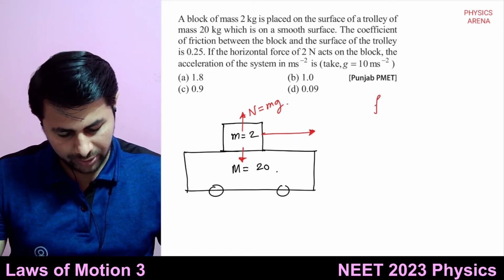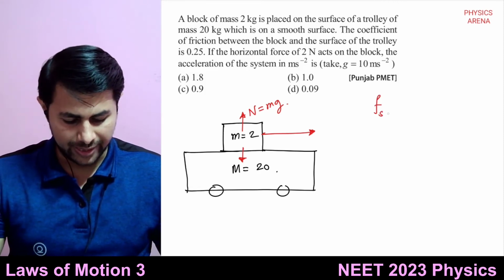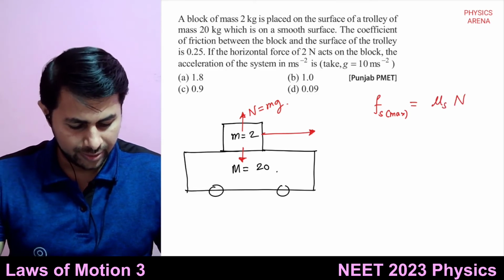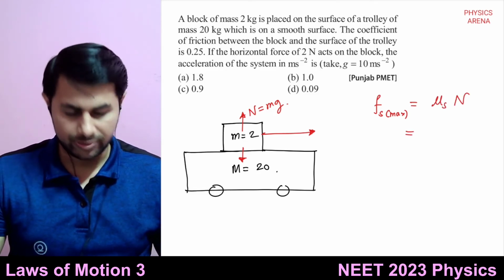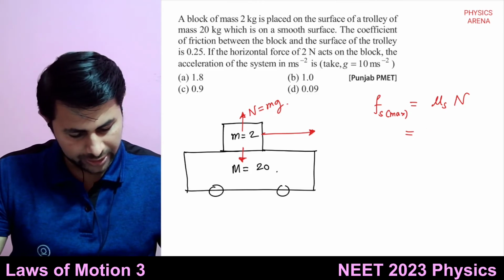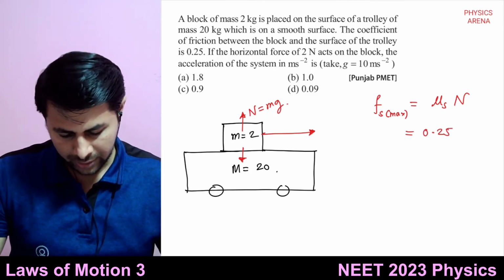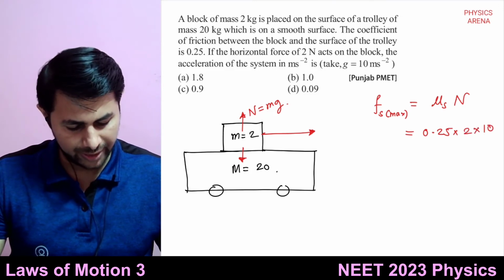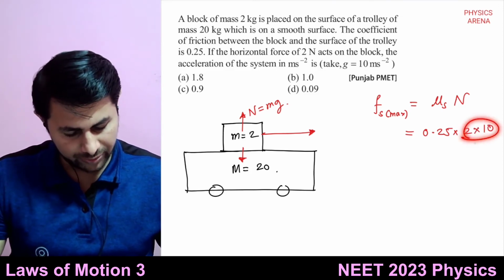So the limiting value of frictional force, Fs max, is equal to mu s multiplied by normal reaction, so mu s multiplied by mg. So mu s is 0.25 and N is equal to mg, which is 2 multiplied by 10, so 2 times 10 is 20.